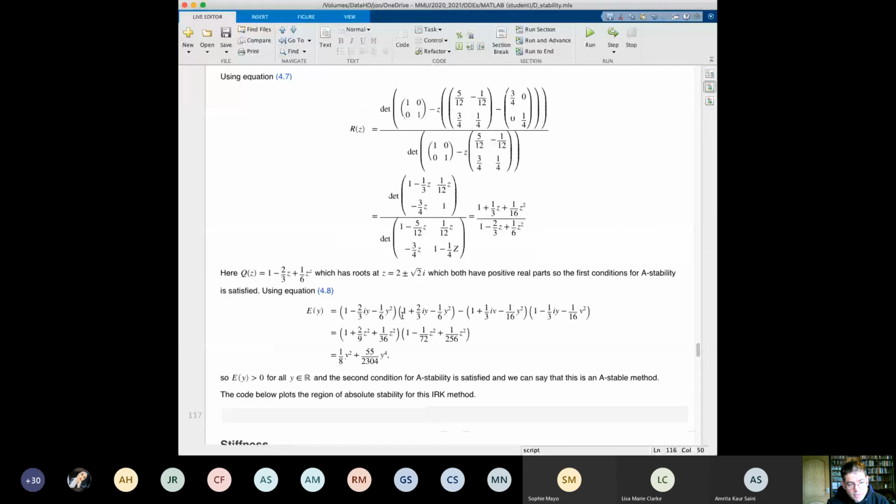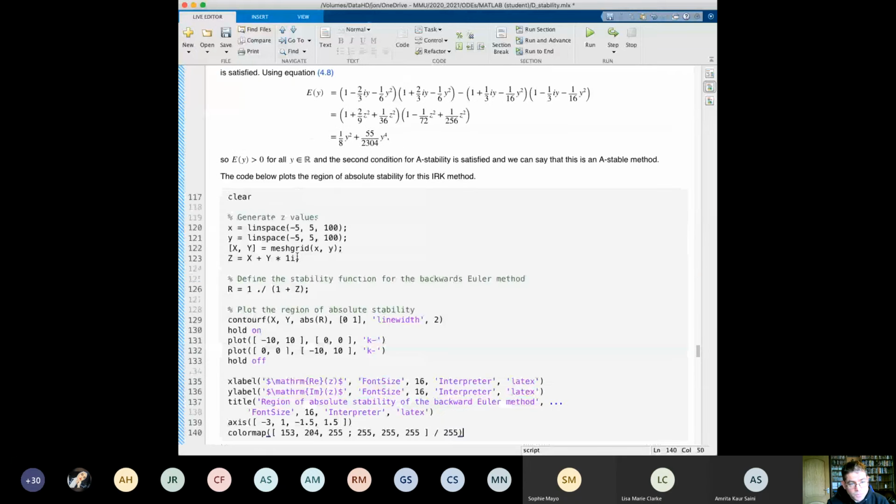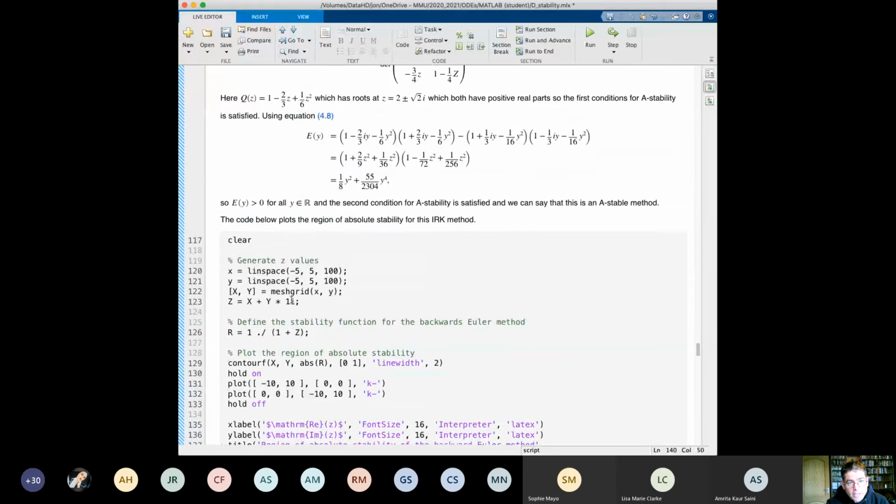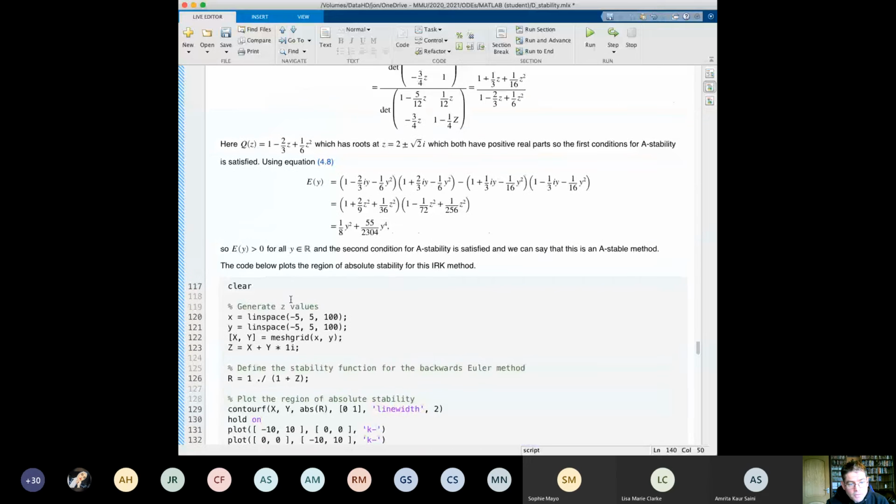So I copy and paste that code in here, and the line I need to change is our stability function. On the top, we had 1/3 times z plus 1/16 times z squared. Notice I've used a dot power because we want element by element, and I also have to use a dot divide, otherwise MATLAB will throw up an error.